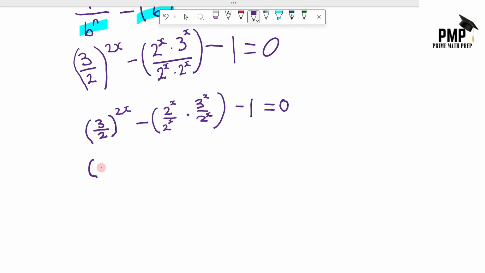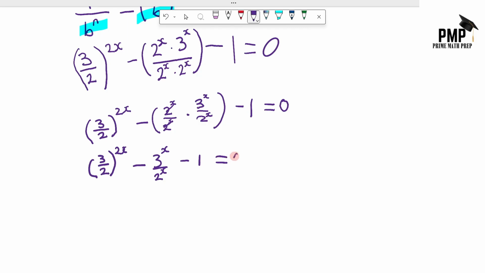This will now be 3 over 2 all to the power of 2x, minus 2 to the power of x divided by 2 to the power of x, which will give us 1 because it will cancel out. We'll be left with 3 to the power of x over 2 to the power of x, minus 1.